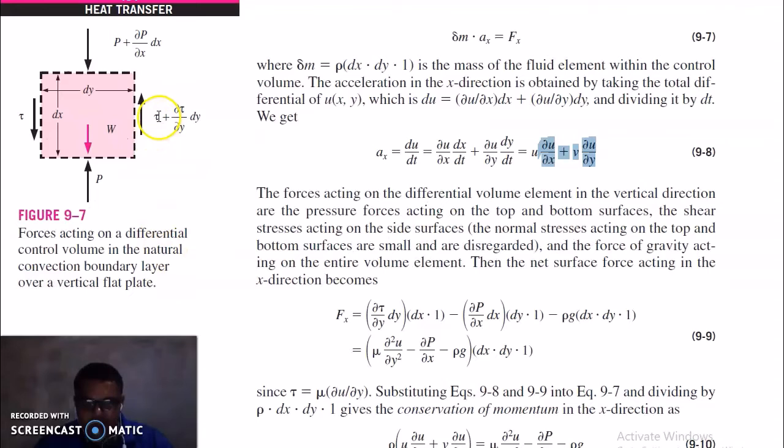So the difference of the shear forces is ∂τ/∂y dy, acting on the area dx multiplied by 1 unit in the z direction, minus the pressure force, which is ∂p/∂x dx acting on dy times 1 unit depth, minus the gravity force, which acts in the downward direction: density times gravity times the volume of the element.